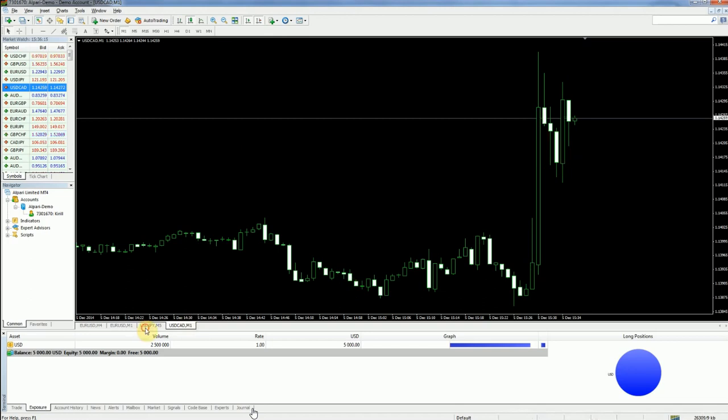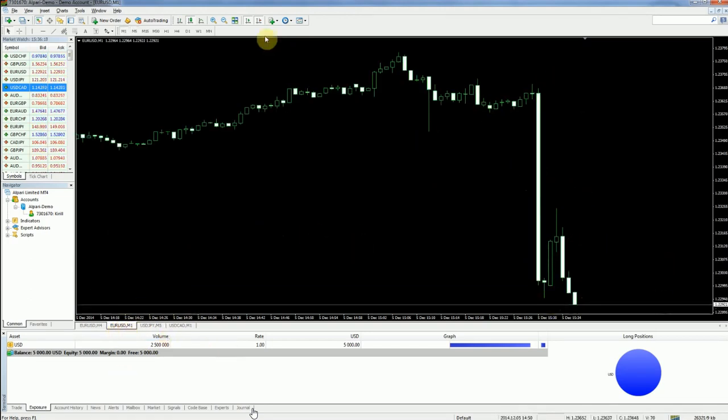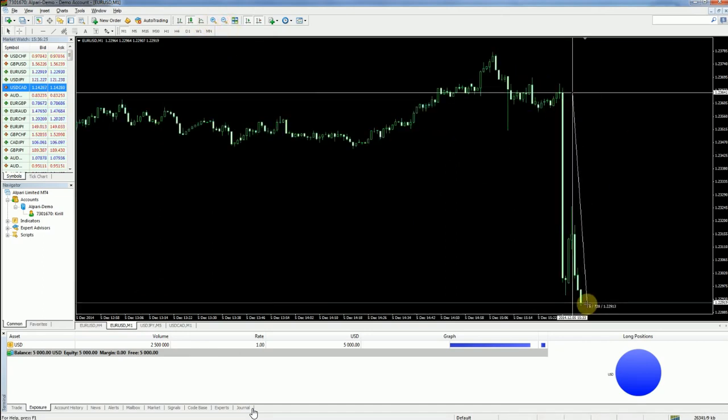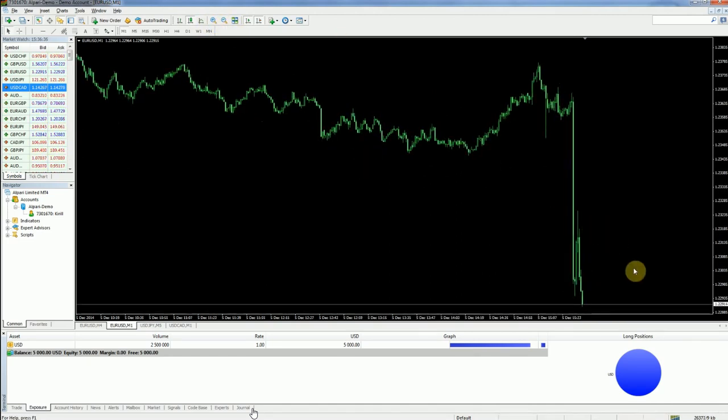There was a massive increase here, massive increase here, massive drop here, and it just keeps on dropping, as you can see. So we can zoom out. Just look at the magnitude of these movements. This is already 73 pips in about the space of 5 minutes. So you can earn massive amounts of money here if you choose to trade fundamental analysis.